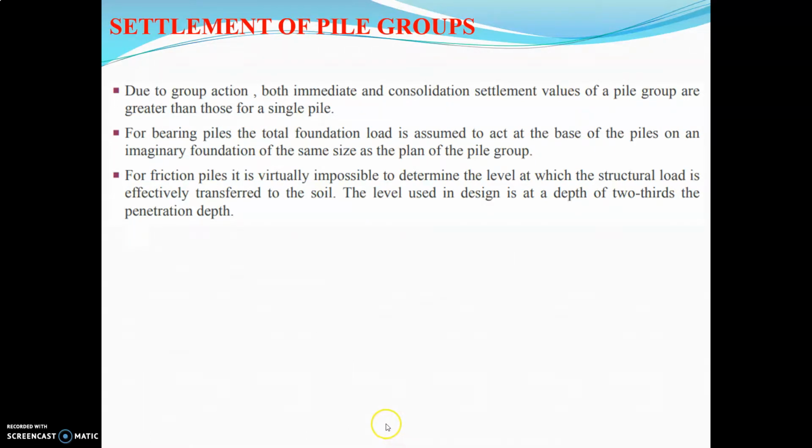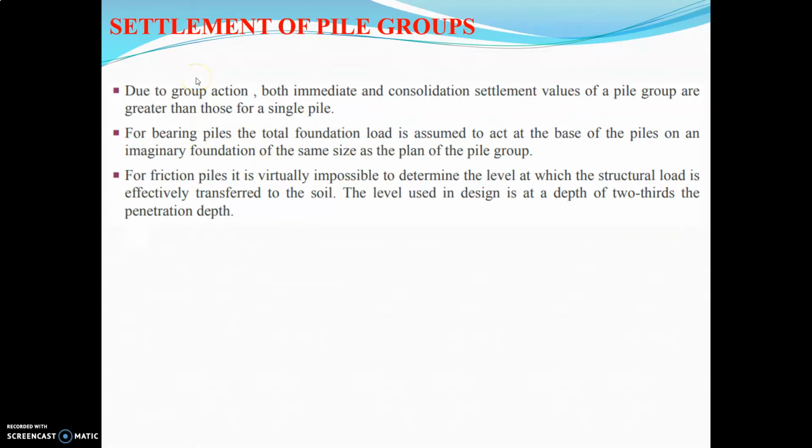Now let us discuss settlement of pile groups. Due to group action, both immediate and consolidation settlement values of a pile group are greater than those for a single pile.